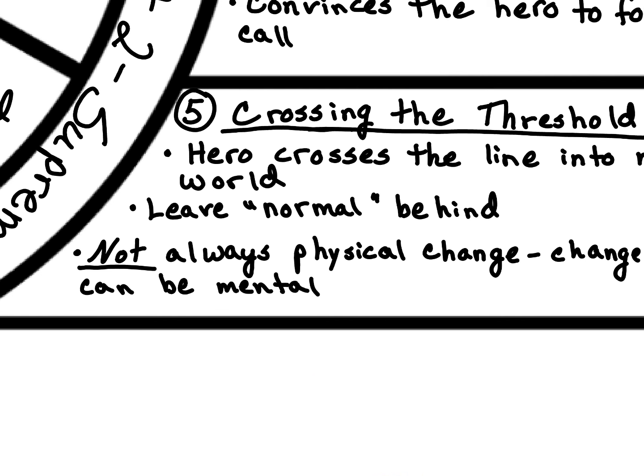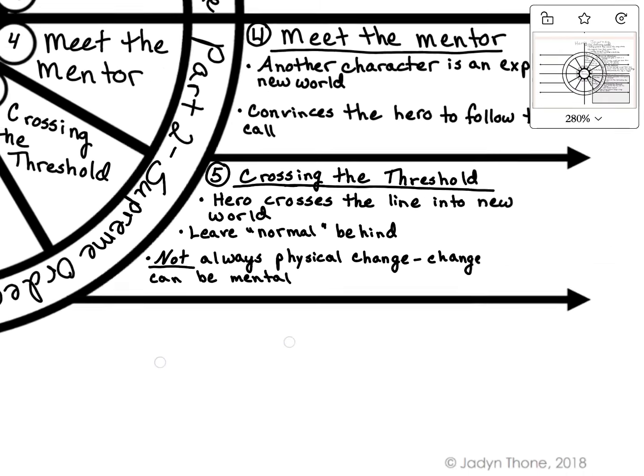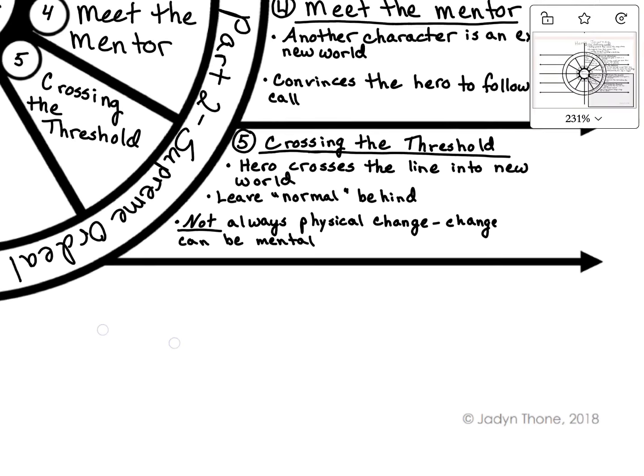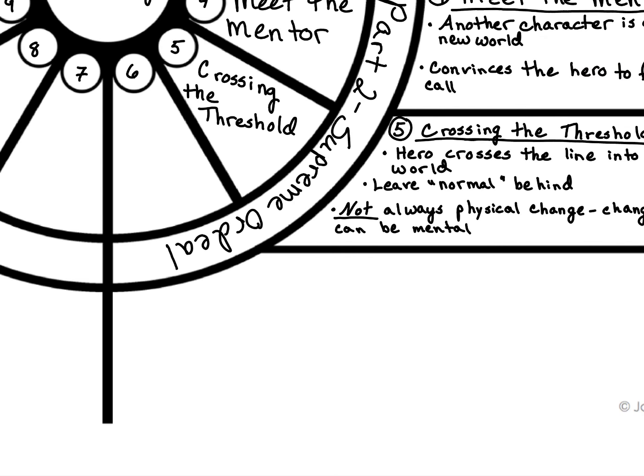So it can be a change in attitude. It could be a change in like an event that the character has never experienced before. It could be a good event or a bad event. Any of those things could happen that takes them into a place where they have never experienced the way the world works in that location.